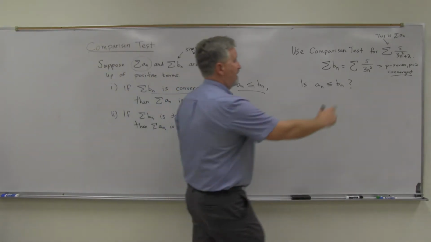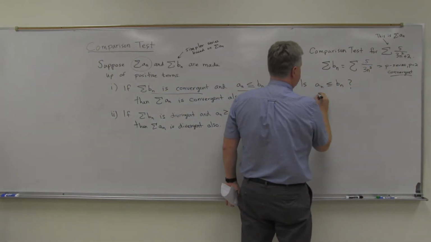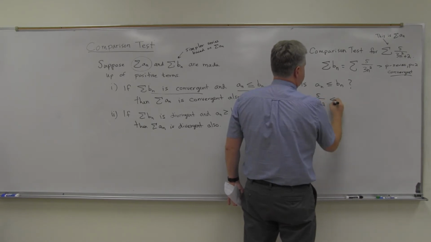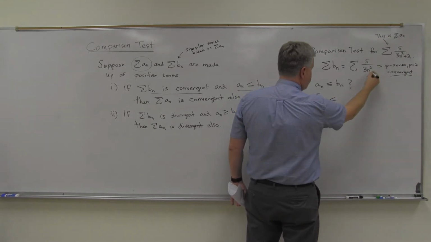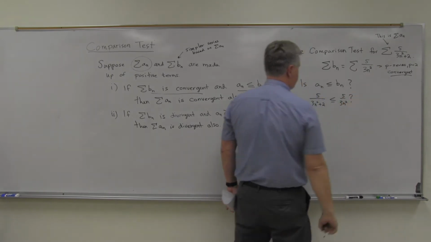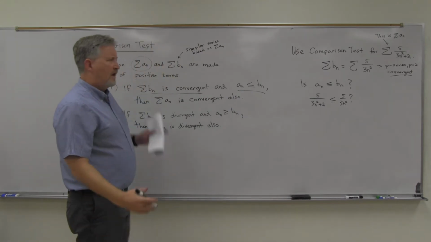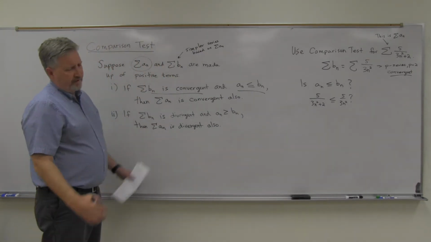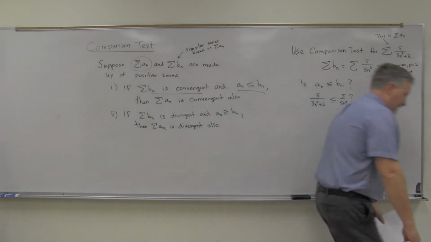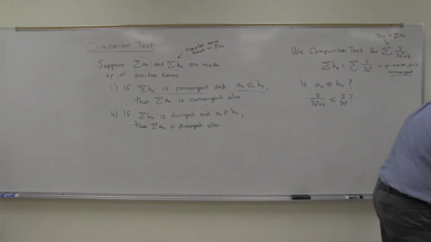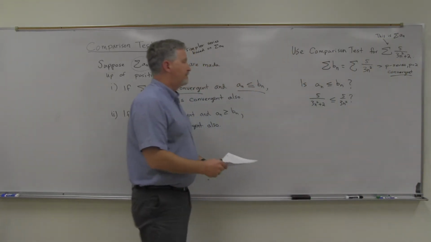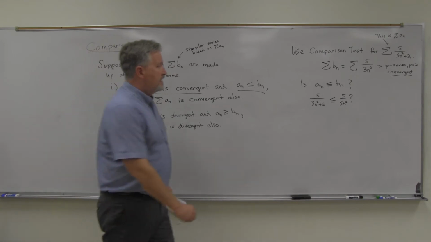Well, in this case, A sub n is 5 over 3n squared plus 2, less than or equal to B sub n, 5 over 3n squared. I do like for you to give me some explanation. Don't just say, yeah, it is.